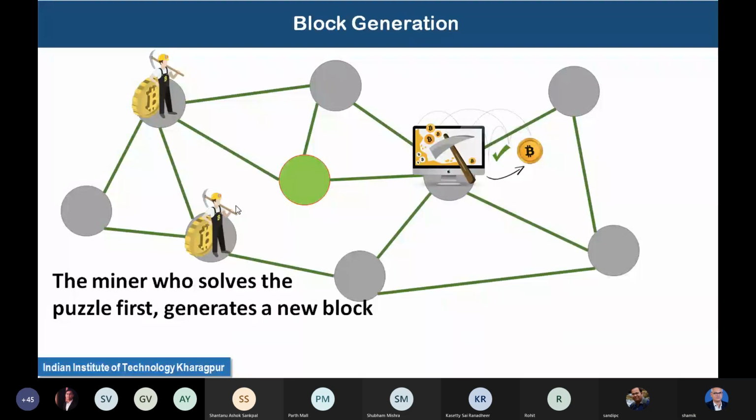Also, you remember that I mentioned that from the pool of transactions that this node doing the mining has, the new block that it will create will have a size of up to 1 MB.